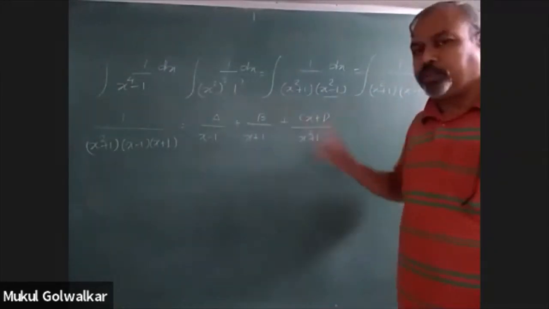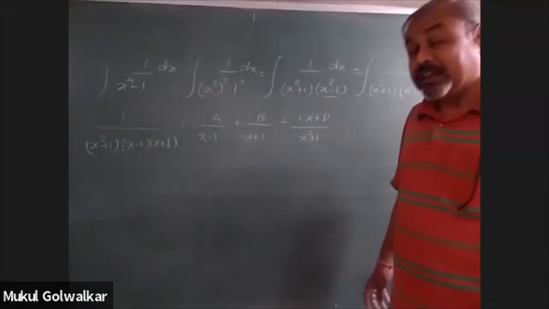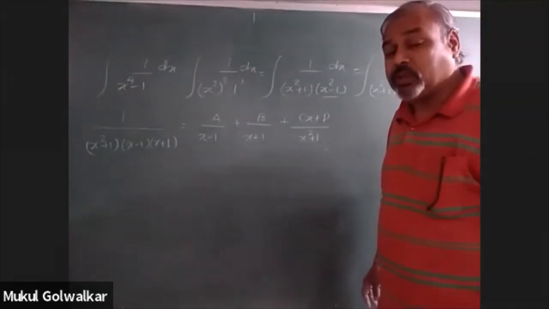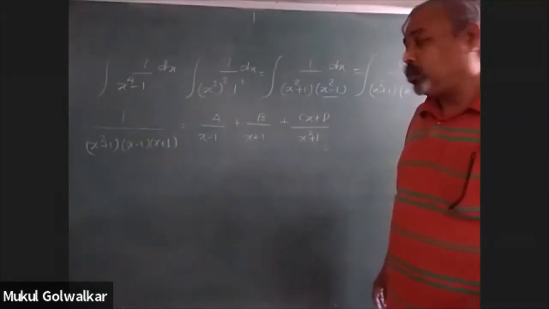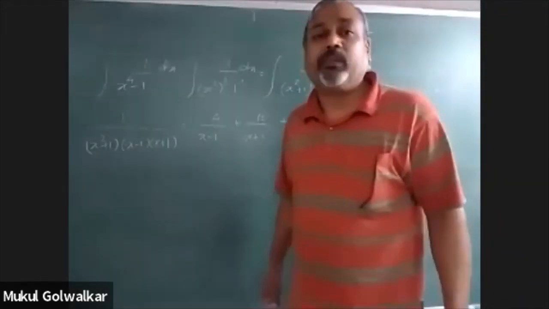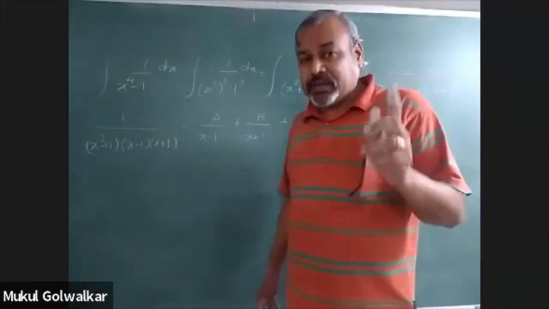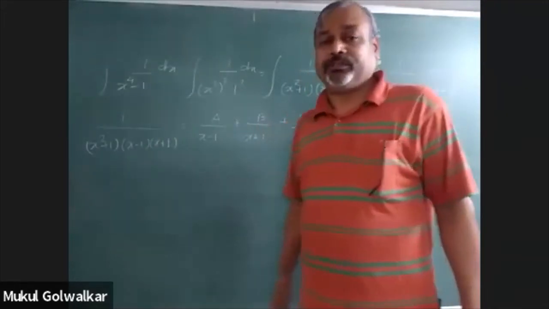How many constants are to be evaluated? 4. How many factors are there which will give you direct values of constants? 2. So 2 times you will have to take an arbitrary value of x, and thereby you will require some additional time for solving the question.